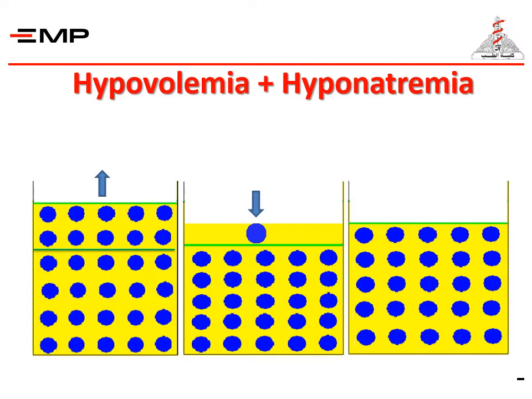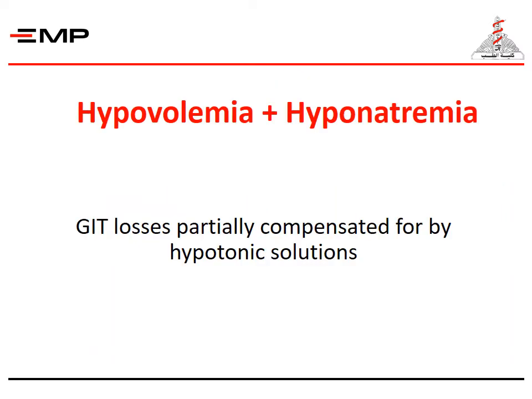Hyponatremia develops while the patient is still hypovolemic. I think you can pause and read yourselves the rest of the slides about mixed volume and concentration abnormalities. I shall resume the explanation from composition abnormalities.